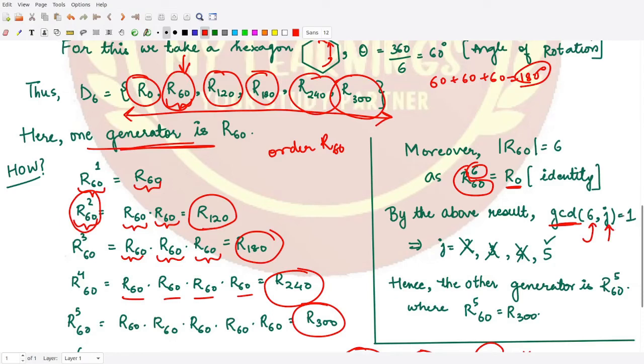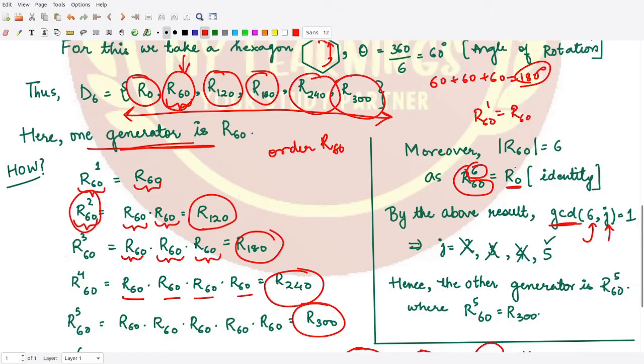So what numbers are there with us? We have 1, 2, 3, 4, 5 and so on. Taking the power 1, the GCD of 1 with 6 is obviously 1. So R60 raised to power 1 is one generator, which is R60 only.